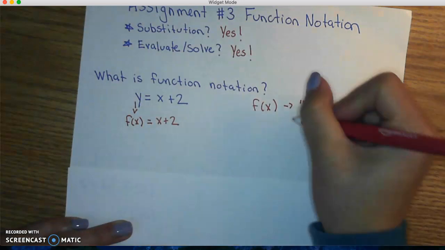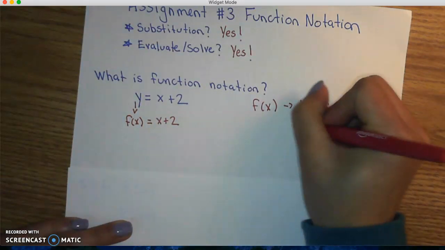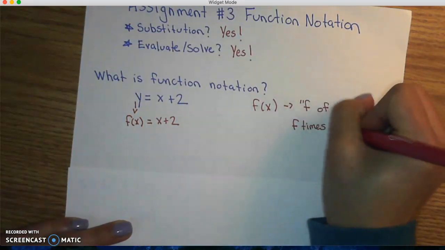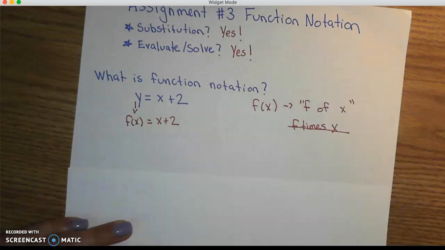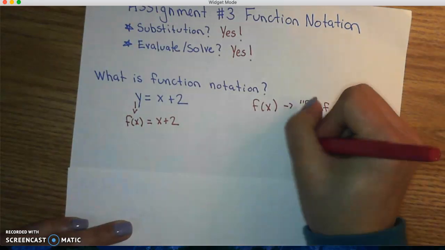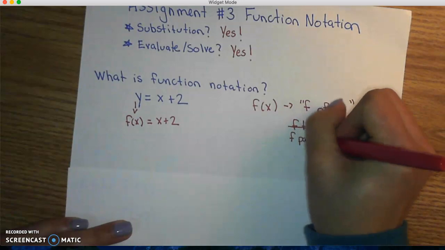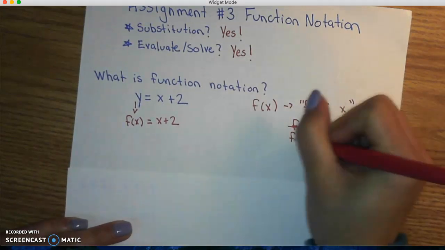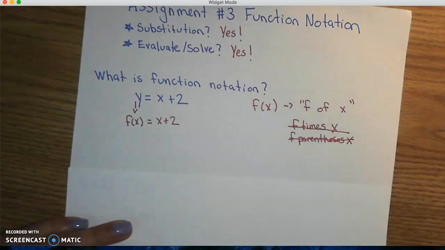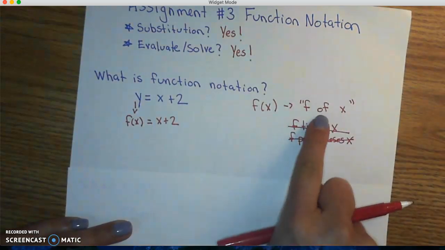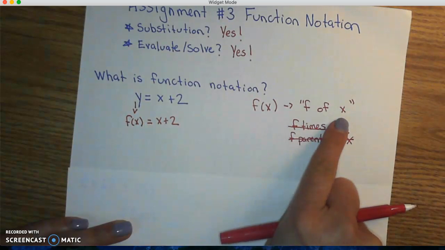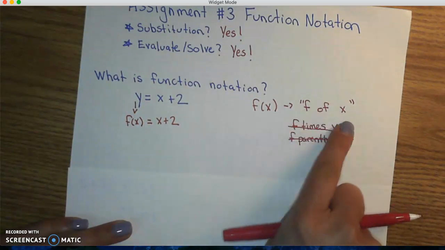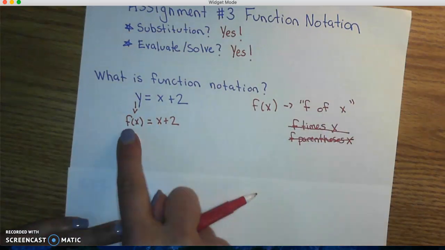We do not say f times x, because it's not. We do not say f parentheses x. No way. We say f of x. Can you practice saying that? F of x? Cool. So I have f of x.